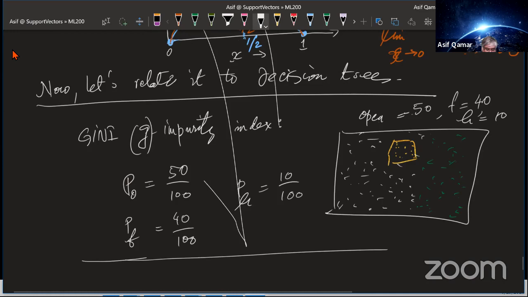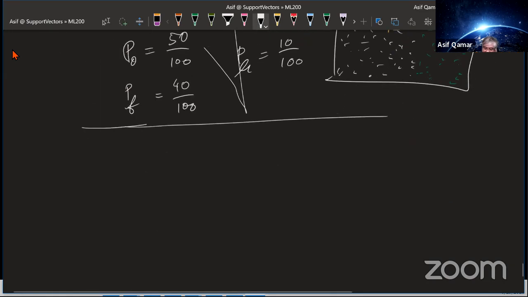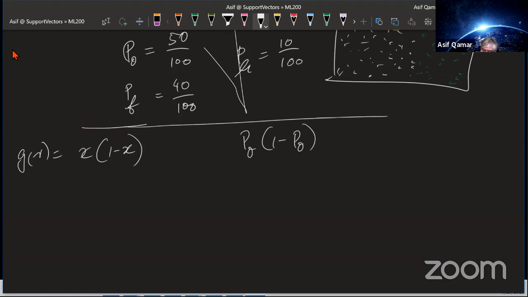So now, suppose I compute the Gini, the G of open points. Just take the proportion of open points. Remember in Gini, the formula was G(x) = x(1 - x). But there are 3 of these x's here. Let's do it for open points times 1 minus proportion of open, proportion of house points times 1 minus proportion of house points, and proportion of forest points times 1 minus proportion of forest points.